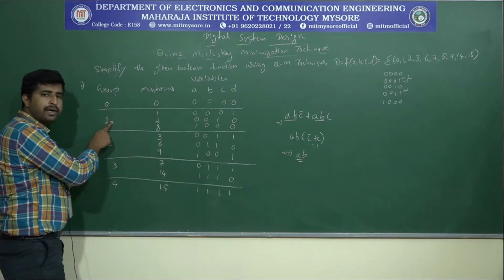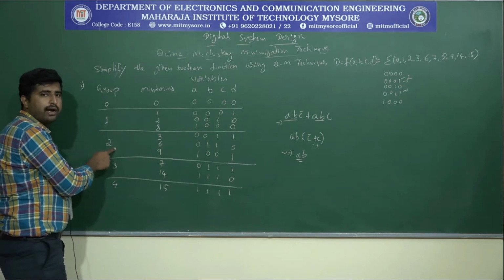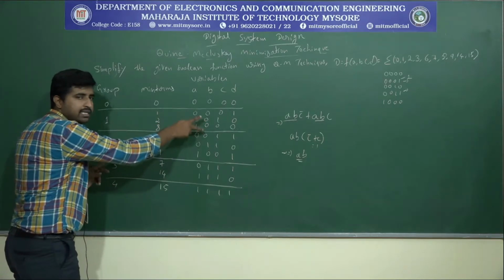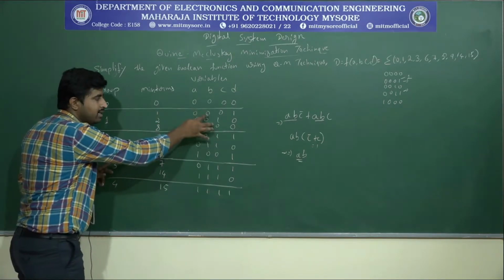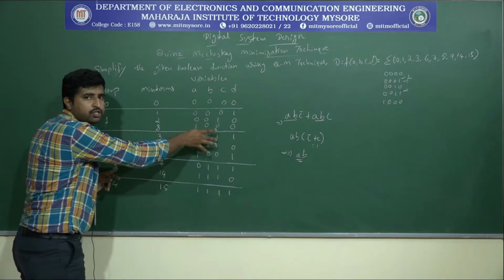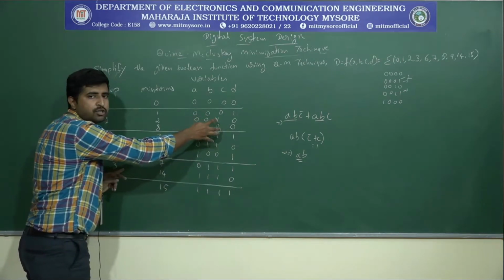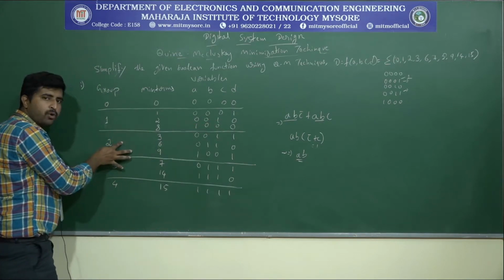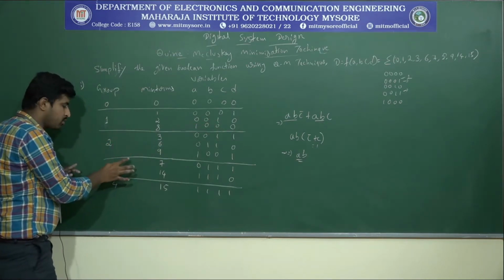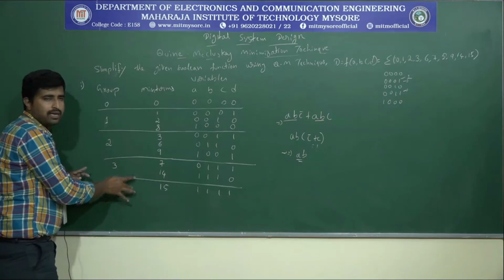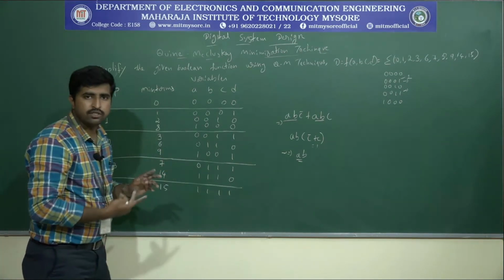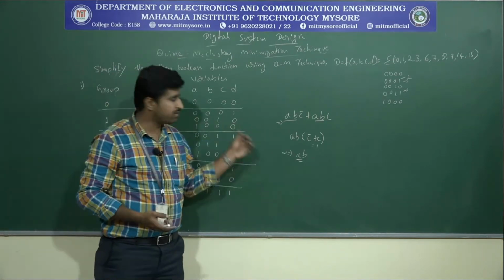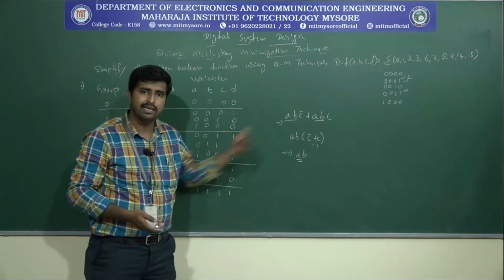Similarly, group 1 will be compared with group 2 to make 2 min term groups. Again, only one variable should differ, and the remaining values should be the same. Similarly, group 2 will be compared with group 3, and group 3 with group 4, to make 2 min term groups. We can understand this better by writing the table.